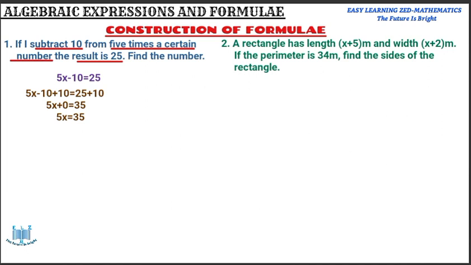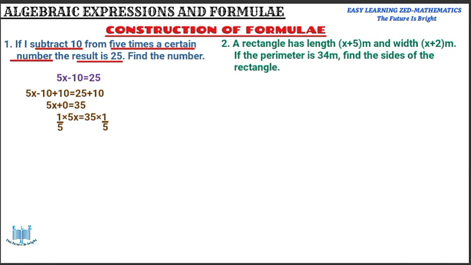Then I'm going to multiply 1 over 5 by 5x. Since I've multiplied on the left side of the equal sign by 1 over 5, I'm also going to do the same on the right side, which is 1 over 5 multiplied by 35, or 35 multiplied by 1 over 5.